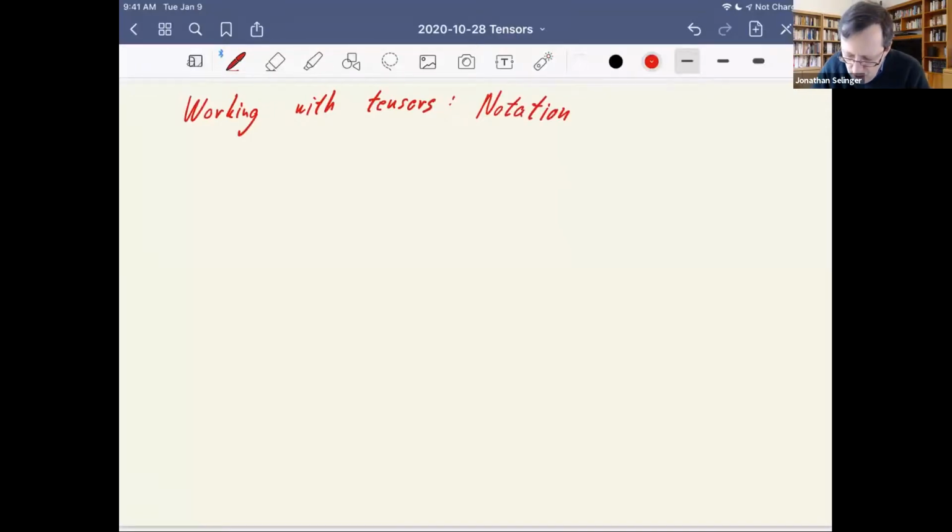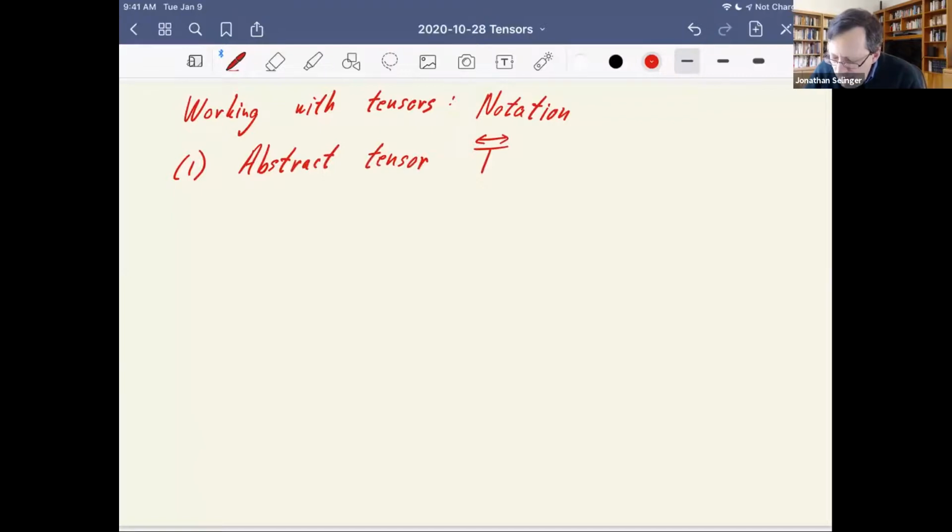So we could think about an abstract tensor. And this is something that I might write as a T with a double-headed arrow over it.